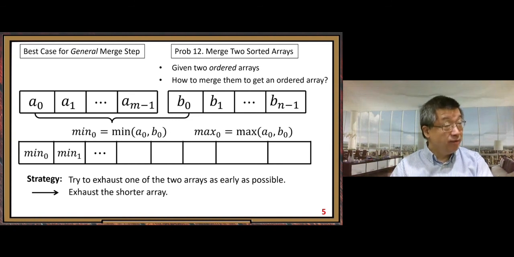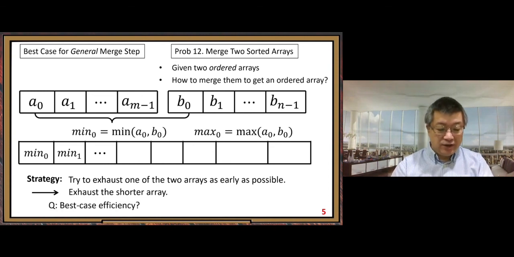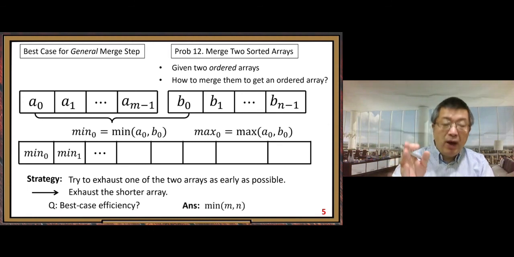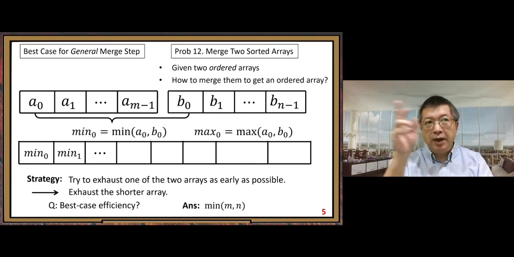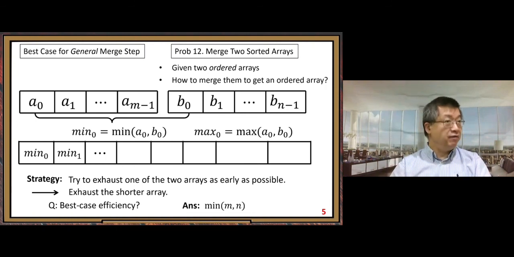So we just need to do the comparisons for all the elements in that shorter subarray. So the best case efficiency is the minimum of the two sizes, m and n.